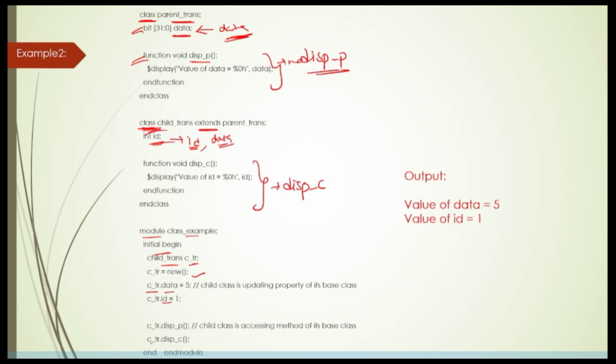Similarly ctr.display p, ctr.display c. So by using the child class handle you can access both properties and methods of the parent class when you are using the inheriting property.